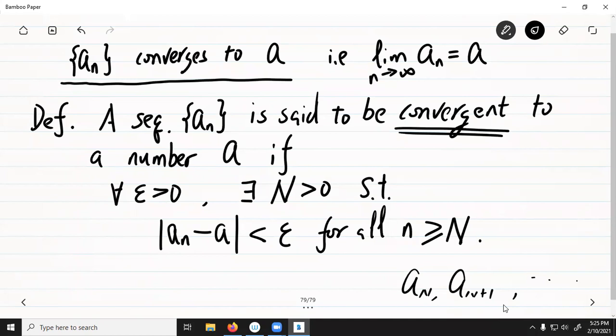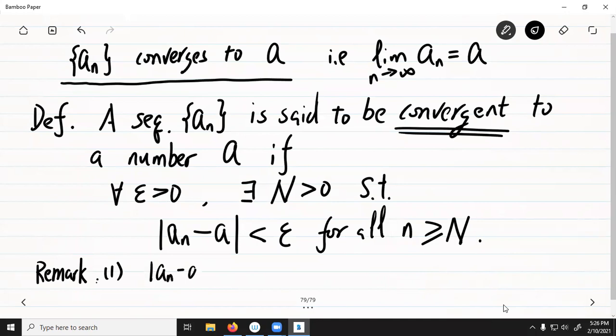Now let's look at the graph to understand this. Let me erase this first. Now let's look at the remark. What is the meaning of this?